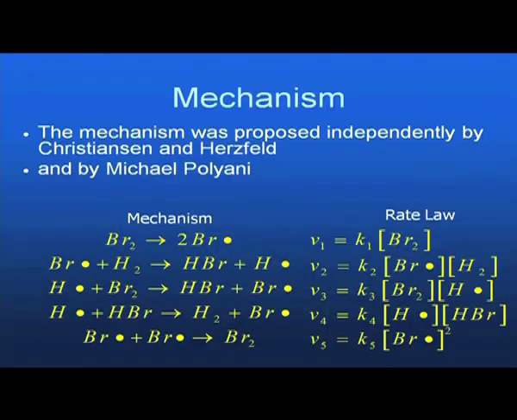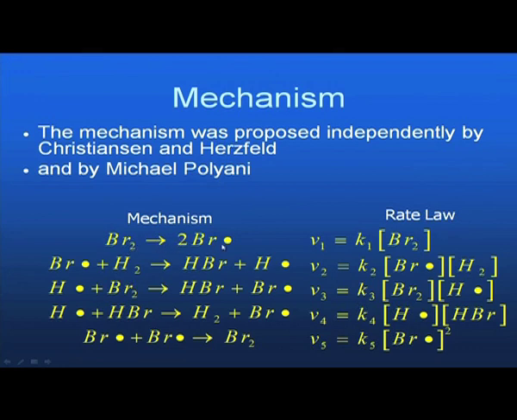So, let us look into the mechanism that was proposed independently by Michael Polanyi and Christiansen and Hirschfeld. So, mechanism goes as follows. So, Br2, if you look into this slide, you see first is Br2 producing 2 Br dot.